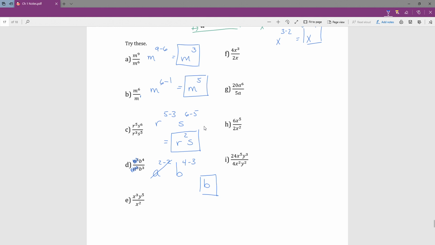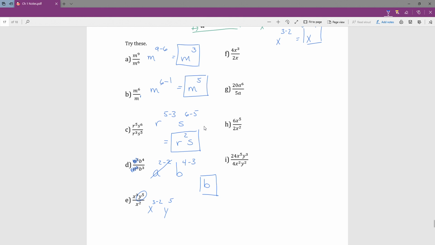Okay, so the last one here, we have x cubed minus x squared, or sorry, 3 minus 2, because we have a 3 and a 2, I'm not using the right words. And then we have the y to the 5. Now, we don't have a y down below, so there's nothing wrong with just leaving that y to the 5 all alone up there.